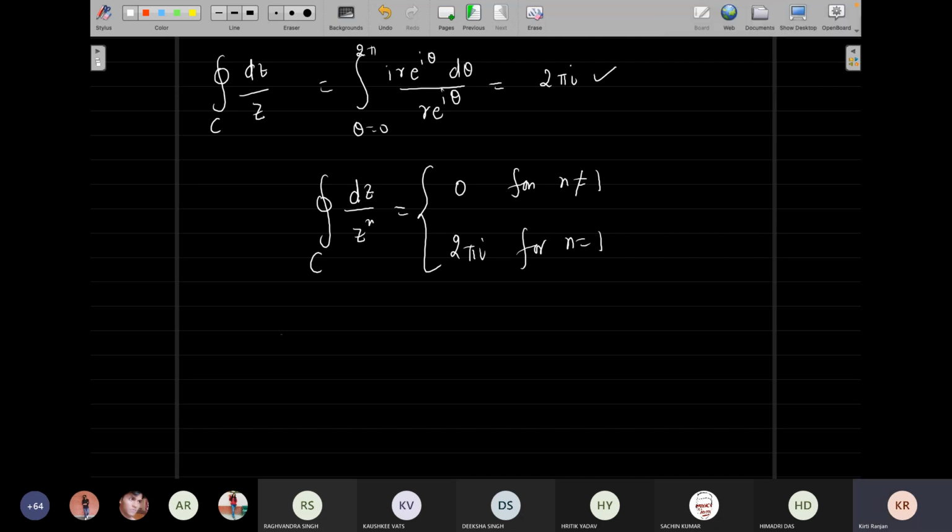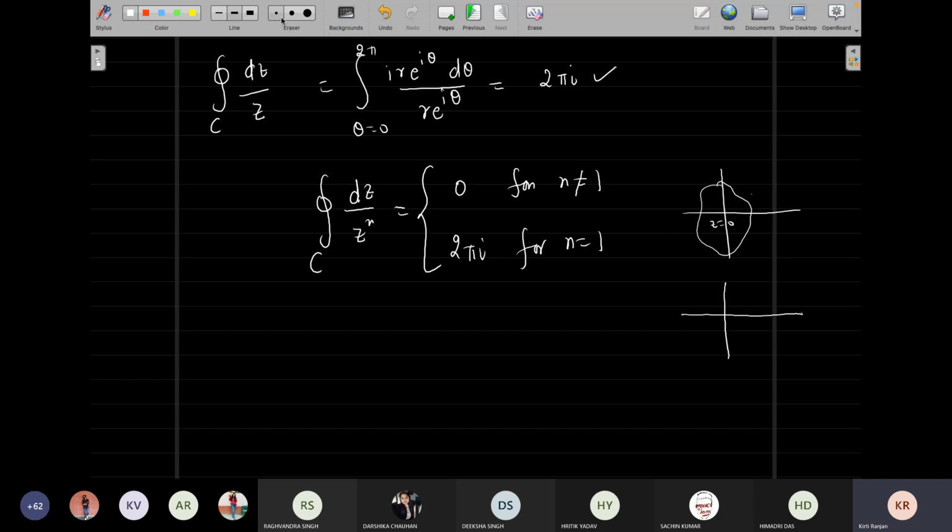Okay. What if this contour does not include z equal to 0? This is the one which we have done, and let me remove this star.